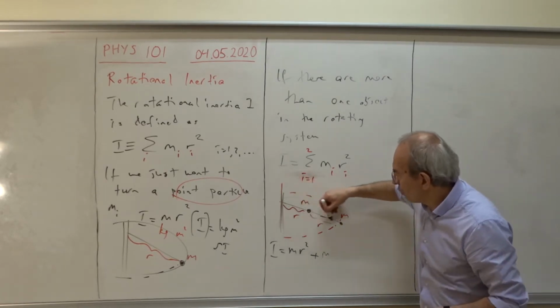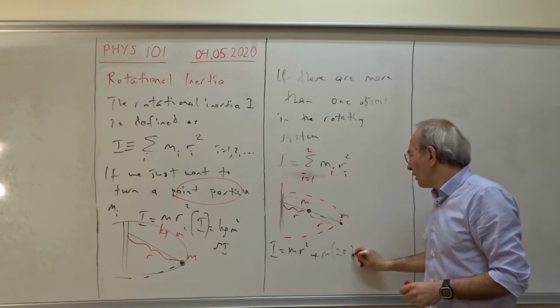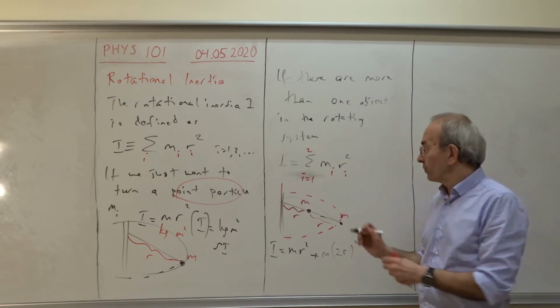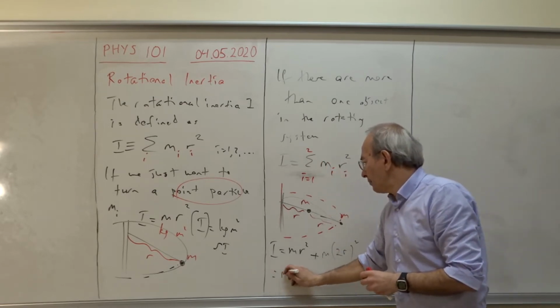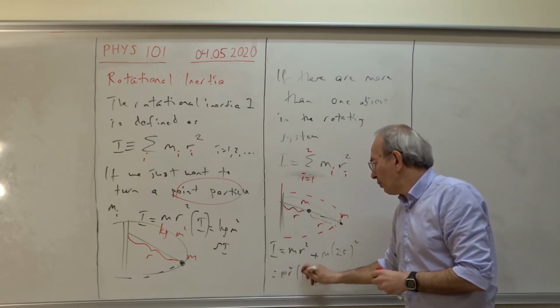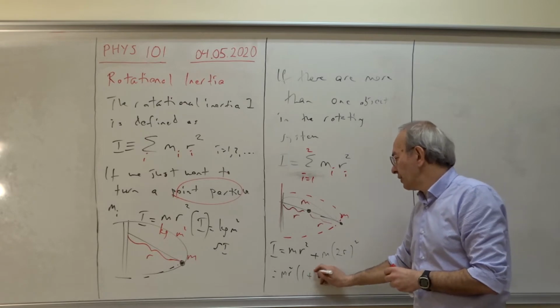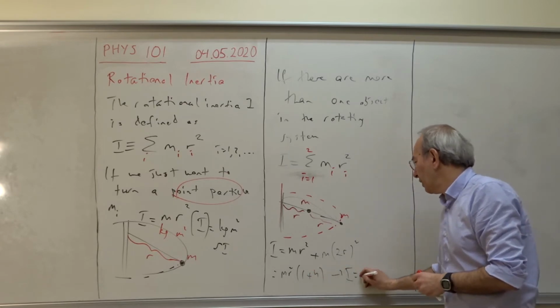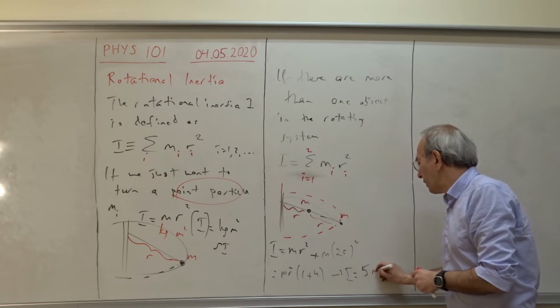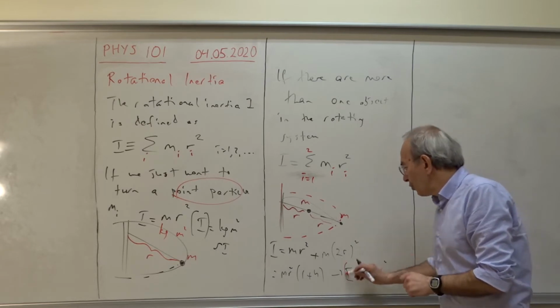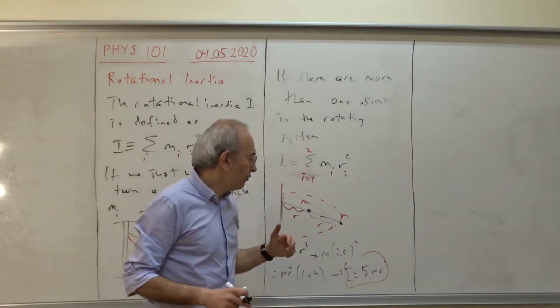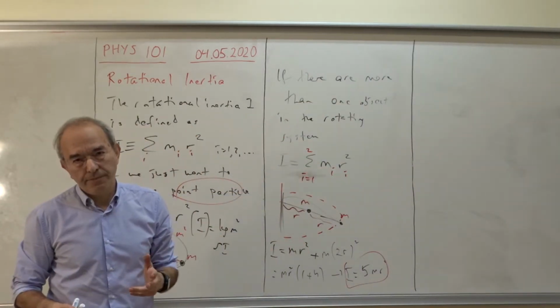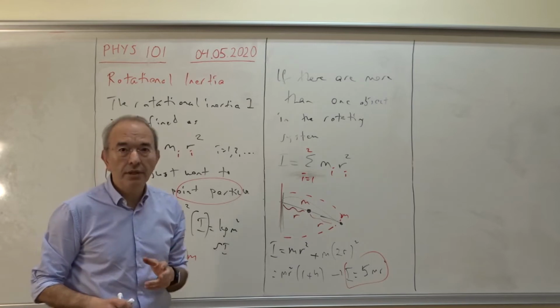But its distance from the axis is now 2r, and we have to take it squared. R2 is 2r. So it will be m times r squared, 1 from the first, 4 from the second. So the total value will be 5 times m r squared. So the level of difficulty has increased to a value of 5 m r squared in such a simple rotation.